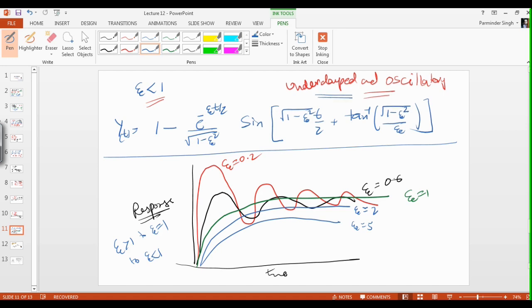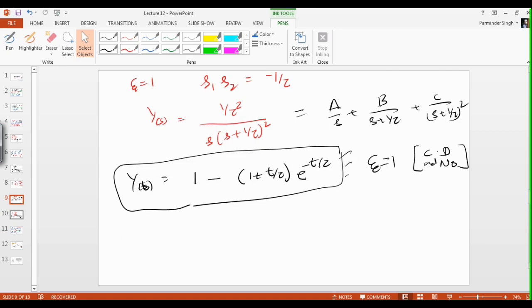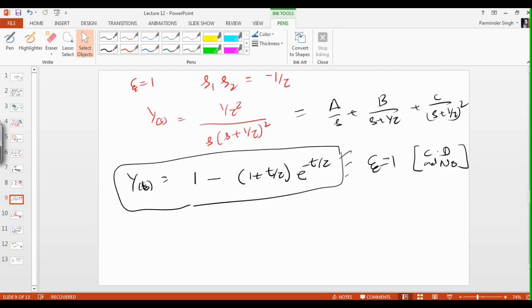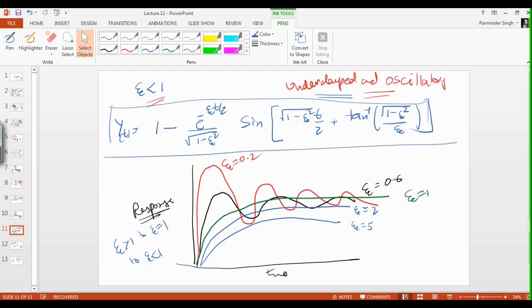We need to remember the step response of this. You need to remember this expression for underdamped as well as for critically damped. You don't need to cram the overdamped one because it's very difficult. We never use the overdamped system anywhere. Critically damped can come somewhere, but underdamped is very important.